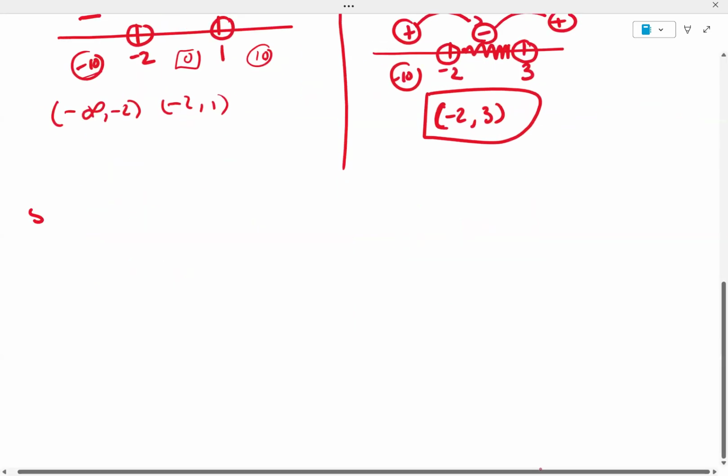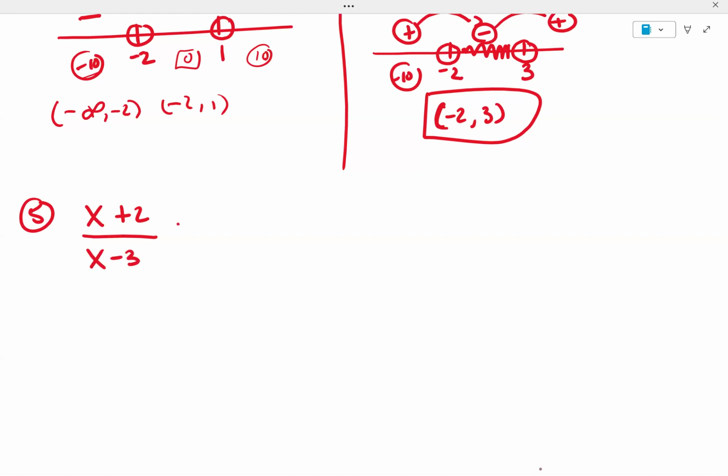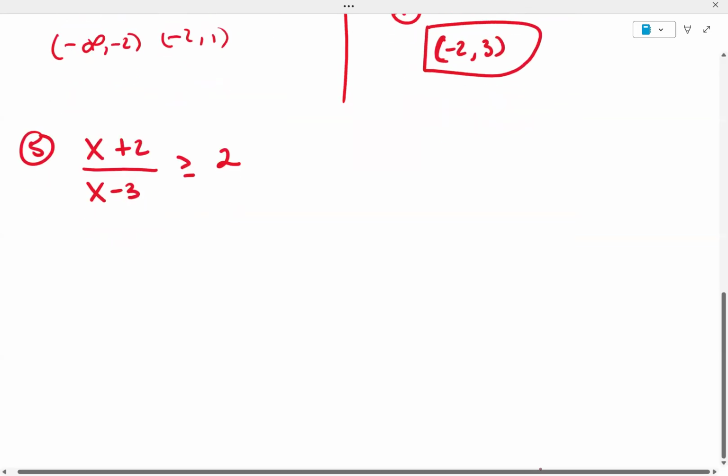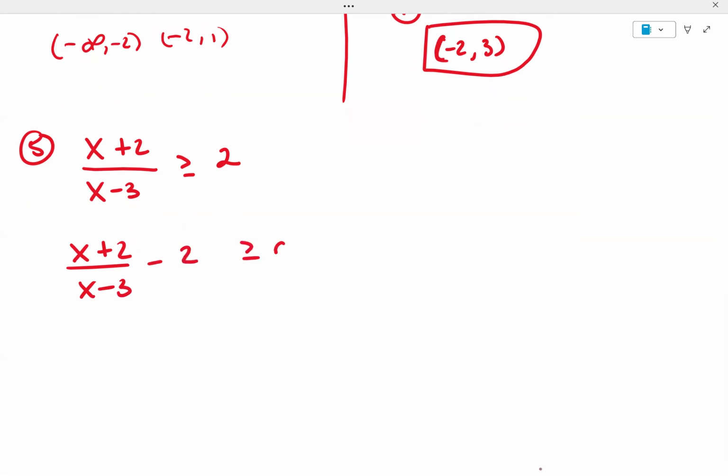Okay, 2 more. Suppose I have x plus 2 over x minus 3 is greater than or equal to 2. So this time it's not set to 0. I will achieve that by subtracting 2 from both sides.